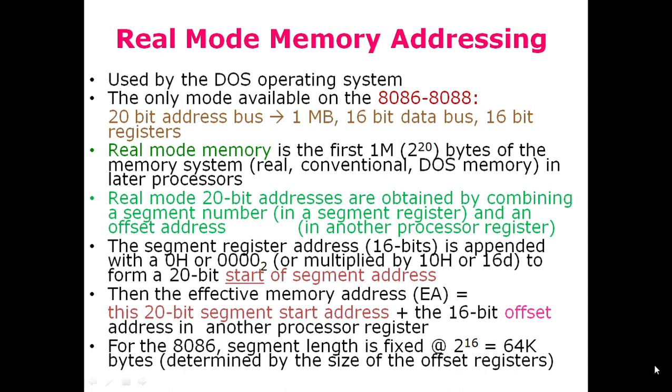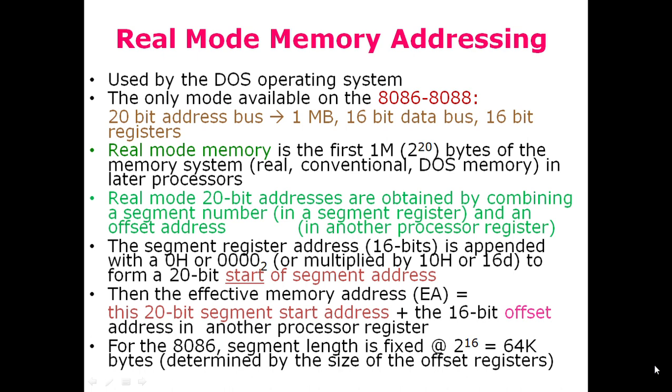For the 8086, segment length is fixed, and that is 2 raised to power 16, which is equal to 64 kilobytes. It is also determined by the size of the offset registers, because the offset value is 16 bits, so the maximum offset address is 2 raised to power 16, which is 64 kilobytes.